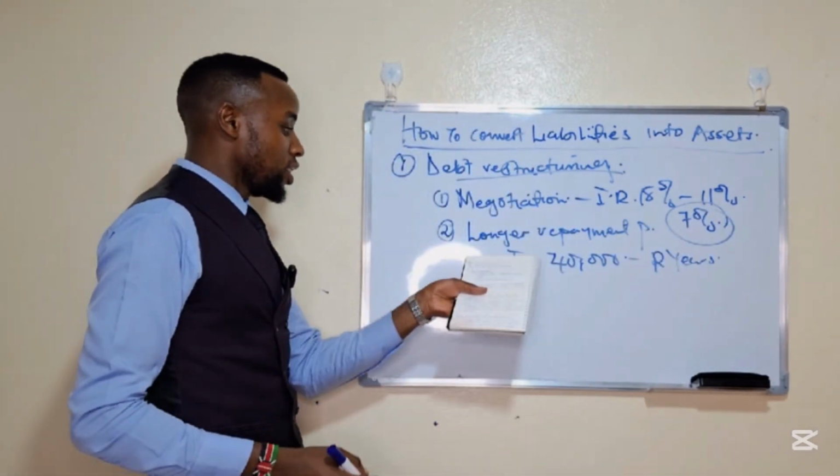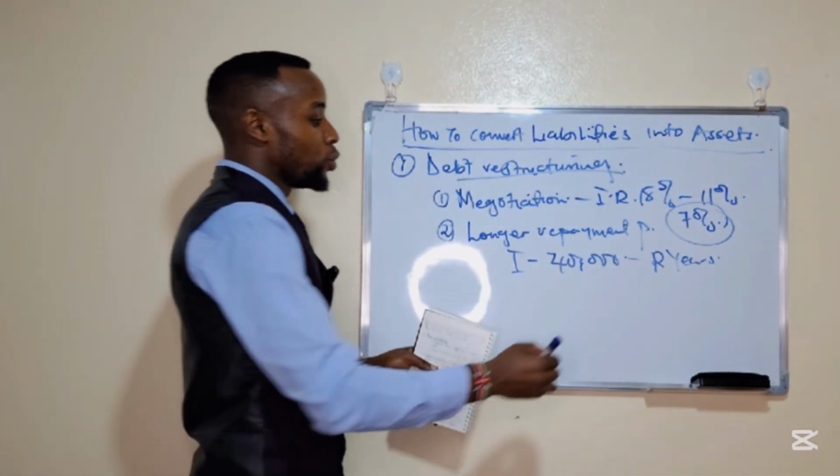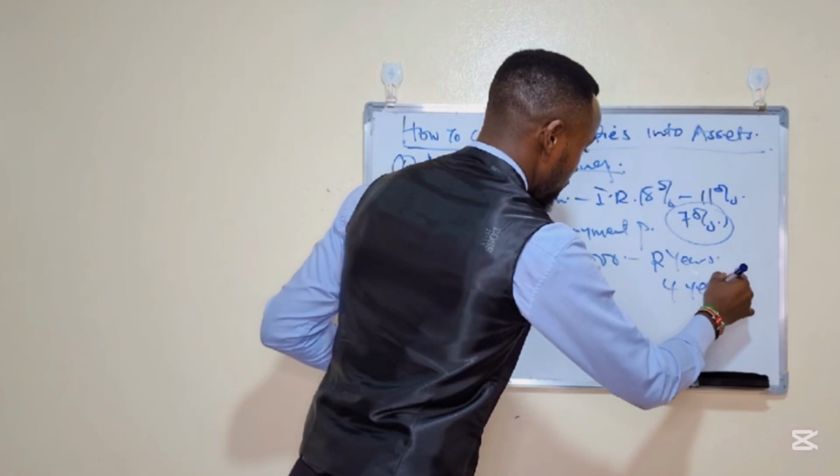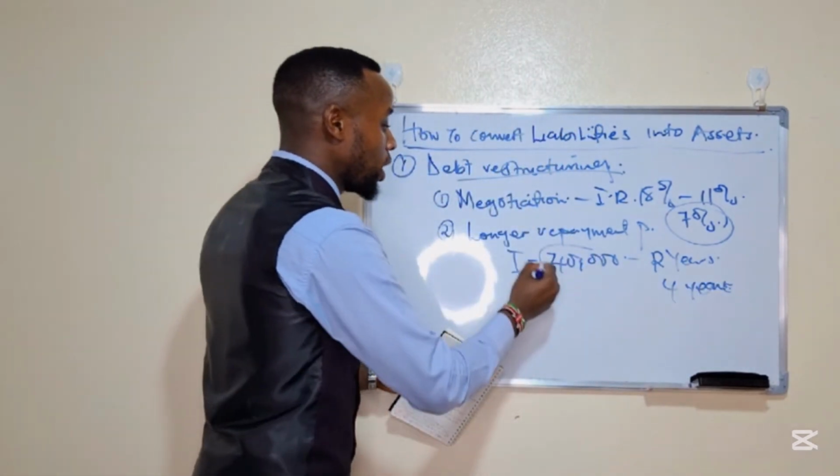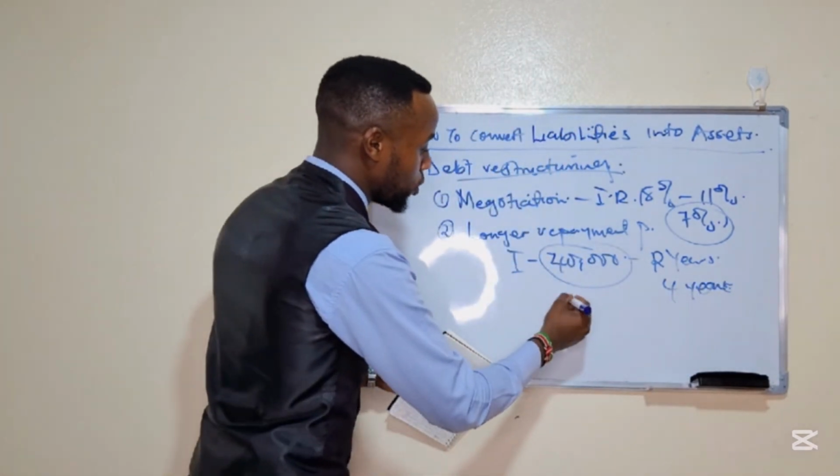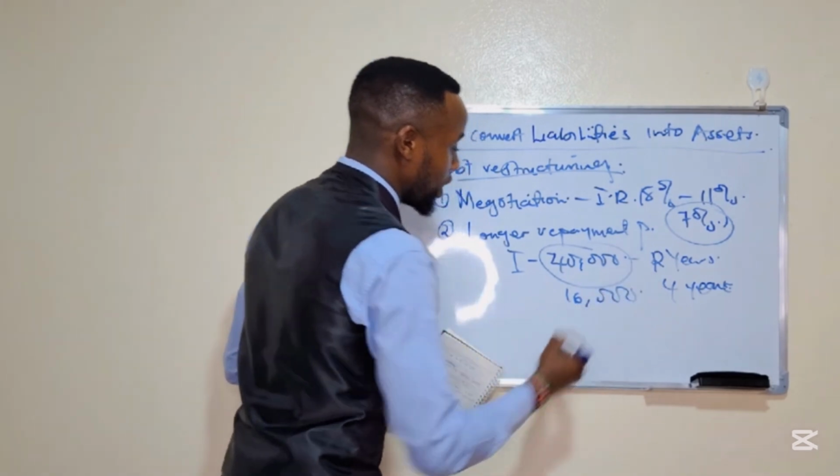Now you can renegotiate this debt to 4 years, where you are going to pay quite a less amount of money, like for example 16,000, just to give an example.